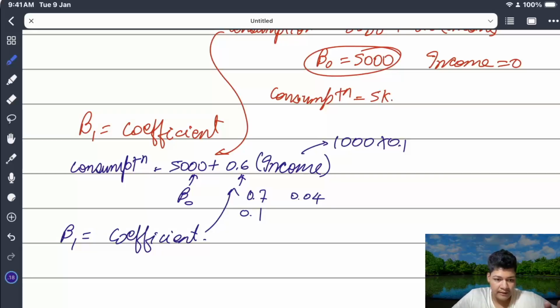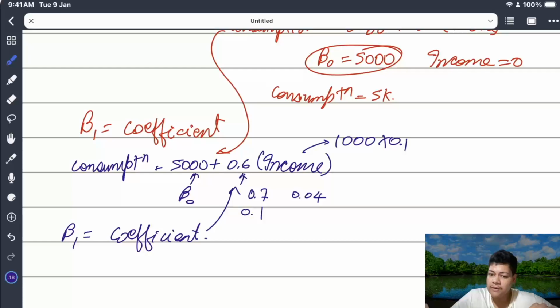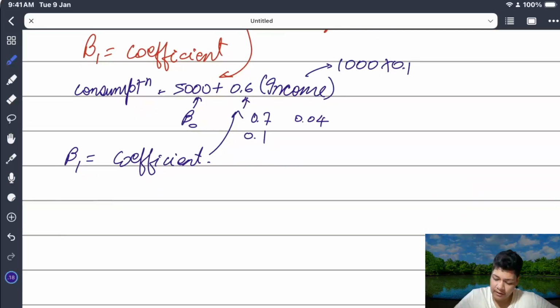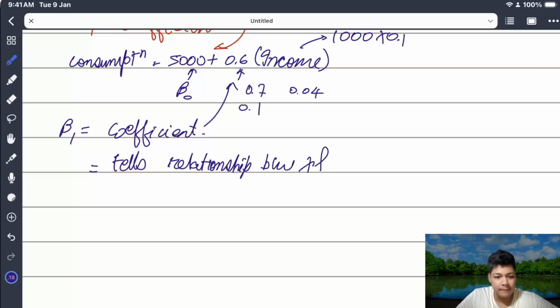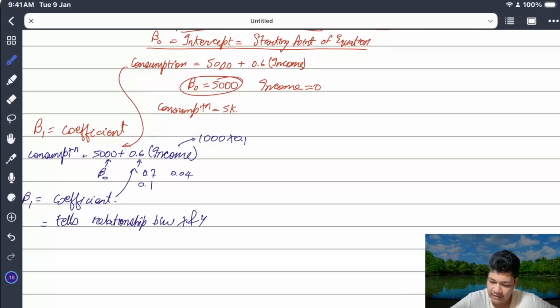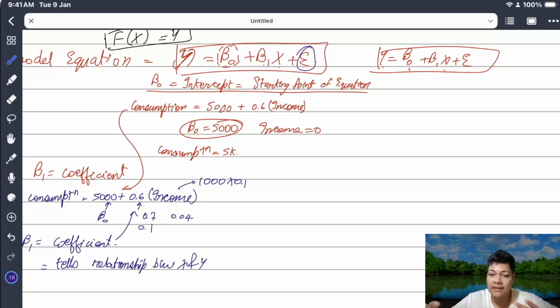That's why we can say that beta 1, the coefficient, tells the relationship between X and Y, that is income and consumption. Simple. Next, what does epsilon mean? Epsilon means the human error.